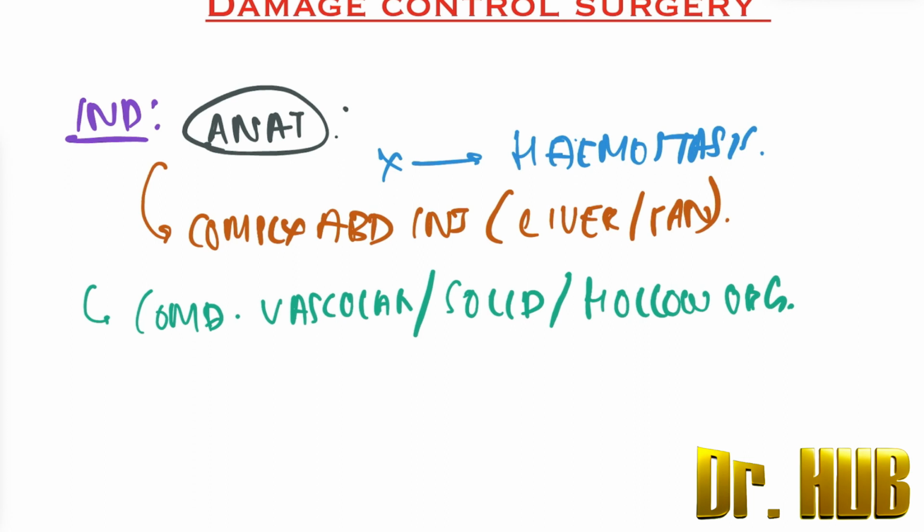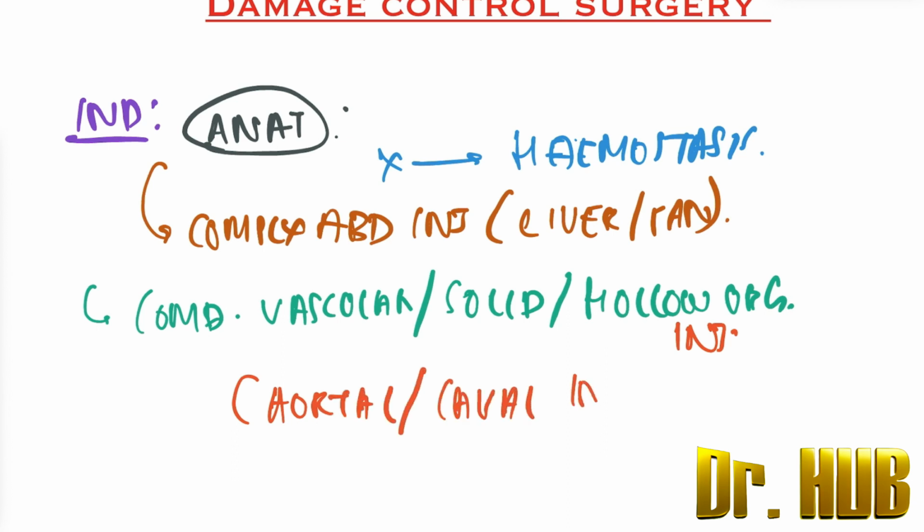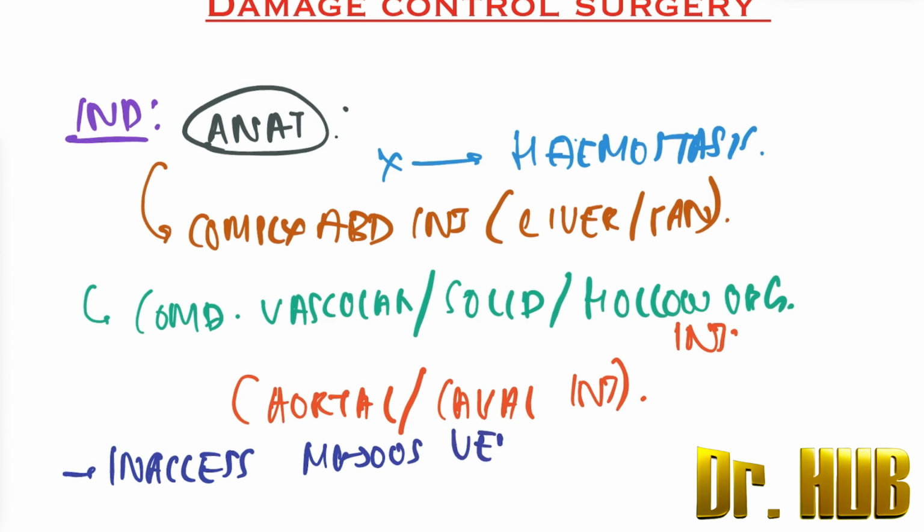So what does solid organ injury include? It includes the aortal as well as the caval injury. Then there is also the inaccessible major venous injury, which includes the retrohepatic vena cava.